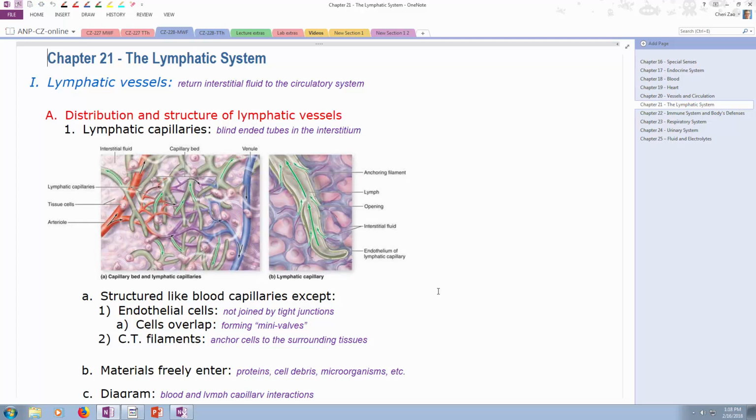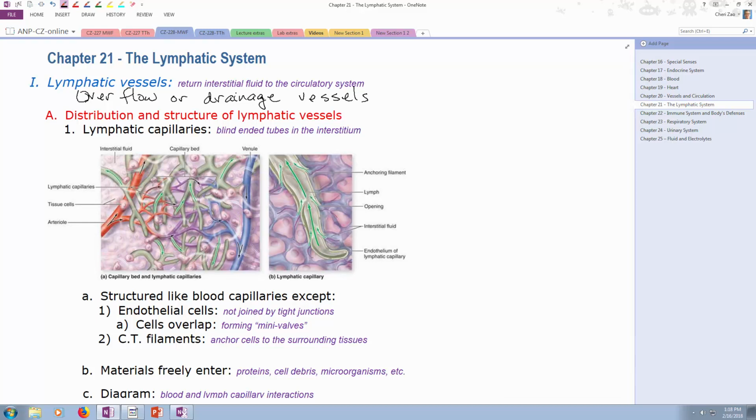So think of these as overflow or drainage vessels. So that's why fluid does not stay in the interstitium.